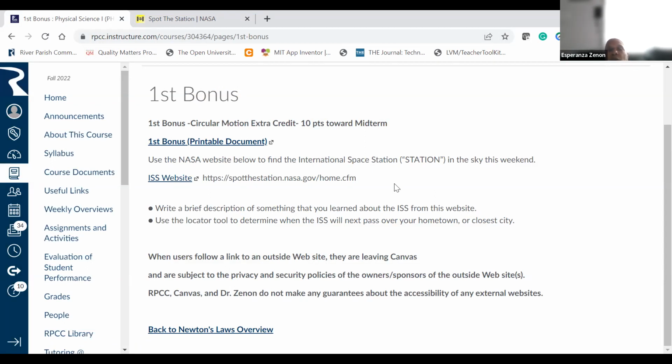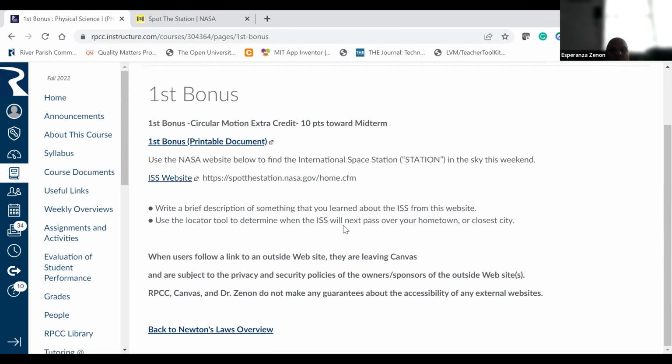Well, sometimes your city or town might be too small and is not readily referenced on NASA's website. So you might have to put the closest town or city to you. So for example, you might not find Sorrento, but you might find Gonzales, or you might not find Reserve, but you might find Laplace. Okay, so that kind of thing.